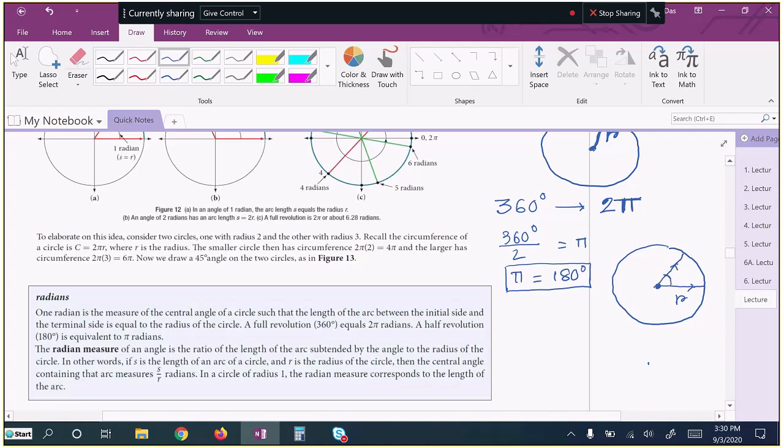Say the angle here has a measure of theta. Say the circular distance from the initial side of the angle to the terminal side of the angle is s units, which we call the arc length. I want to find an expression for this arc length.